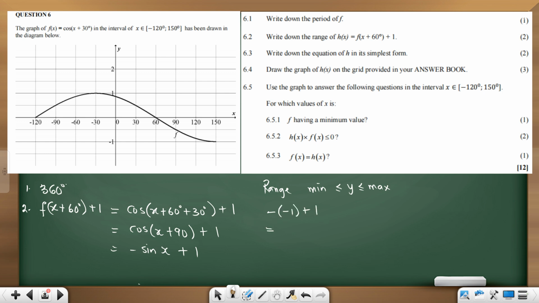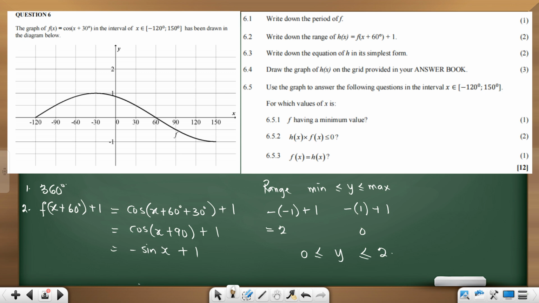This would actually give us 2. And then the maximum I'm expecting should be positive 1 plus 1, which will give us 0. Okay, beautiful. Smallest value is 0, and the biggest value is 2.